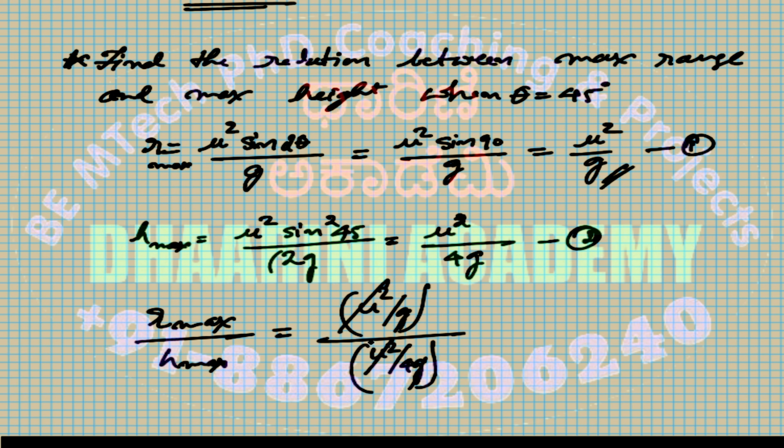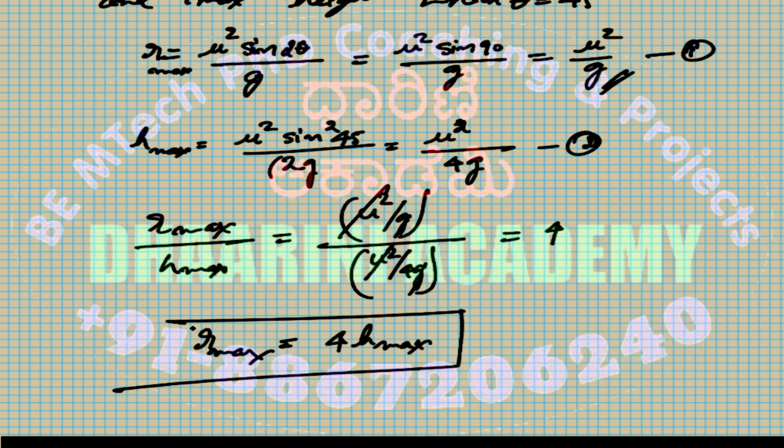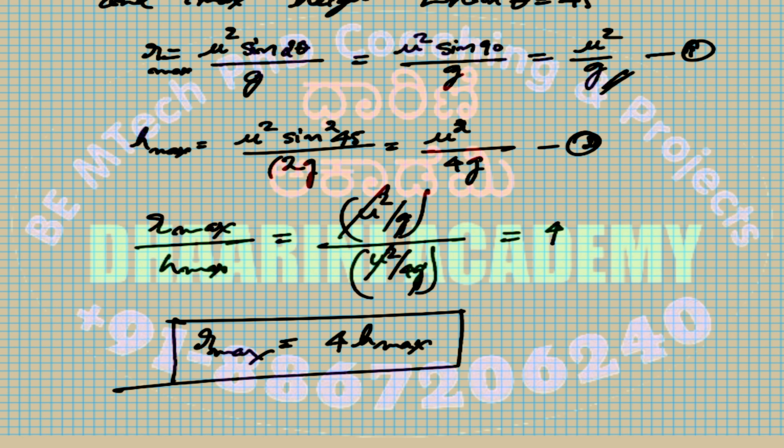So this is R max is equal to, now we can see this 4 goes to the numerator, equal to 4. So the relationship is nothing but R max is equal to 4 times H max. So relationship between R and H when theta is equal to 45 is range will be 4 times the maximum height. Okay, right. Next question.